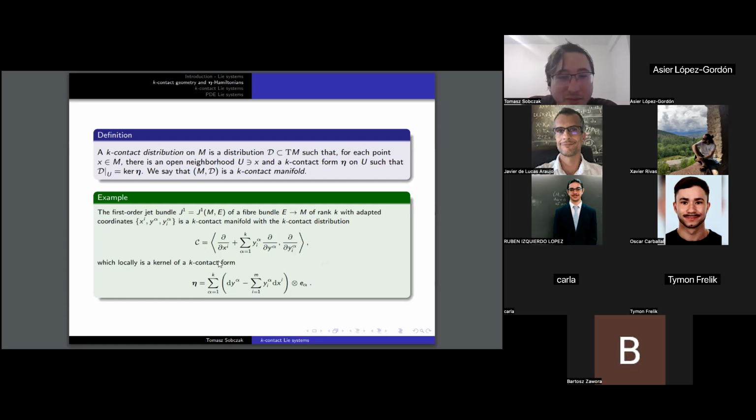But yes, this is a nice comment. It should be added that this is a polarized k-contact distribution.